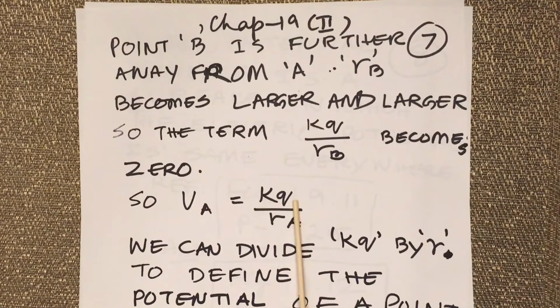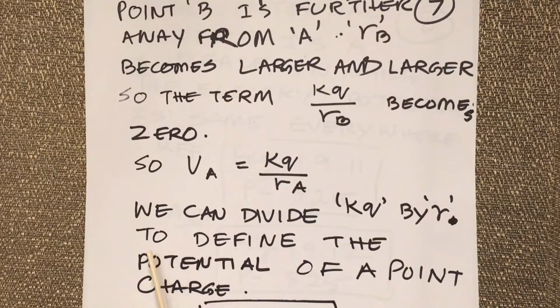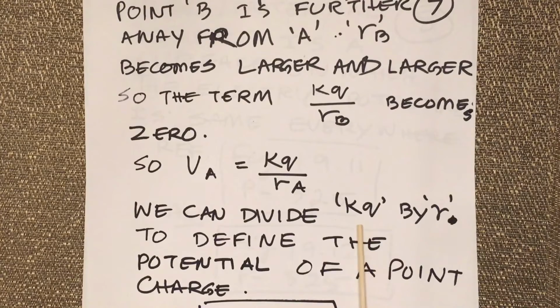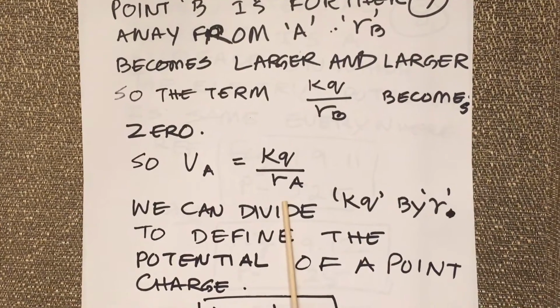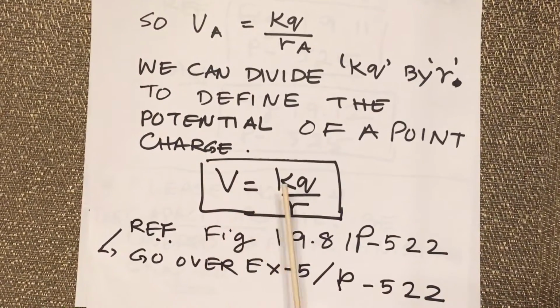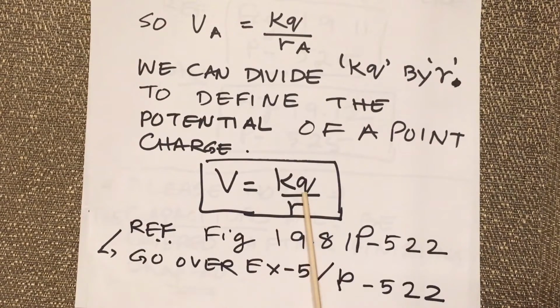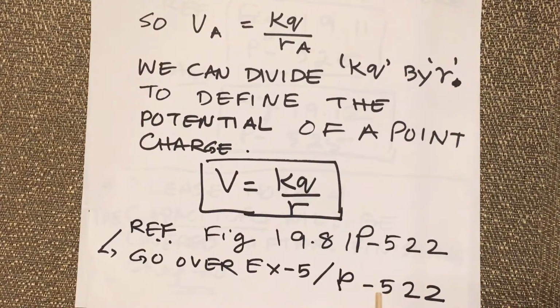So K times Q, whatever the value of Q is, divided by R_A will give you the voltage at A. So we can divide kQ by R and we define the potential of a point charge. So when we divide again kQ over R, or the distance, then we will define this to be the potential at a point charge, which is V equals kQ over R. This is a very important equation to be used in solving problems. Refer to figure 19.8, page 522. Go over example 5 on page 522.